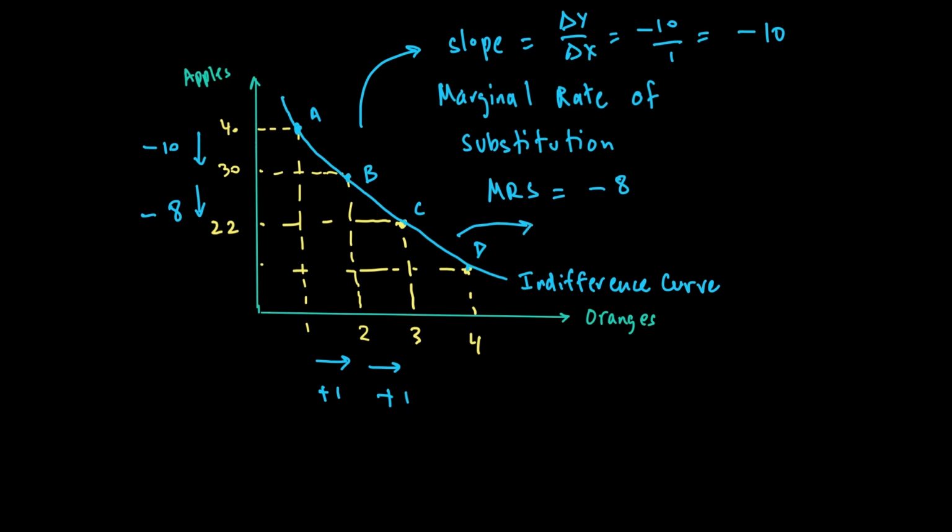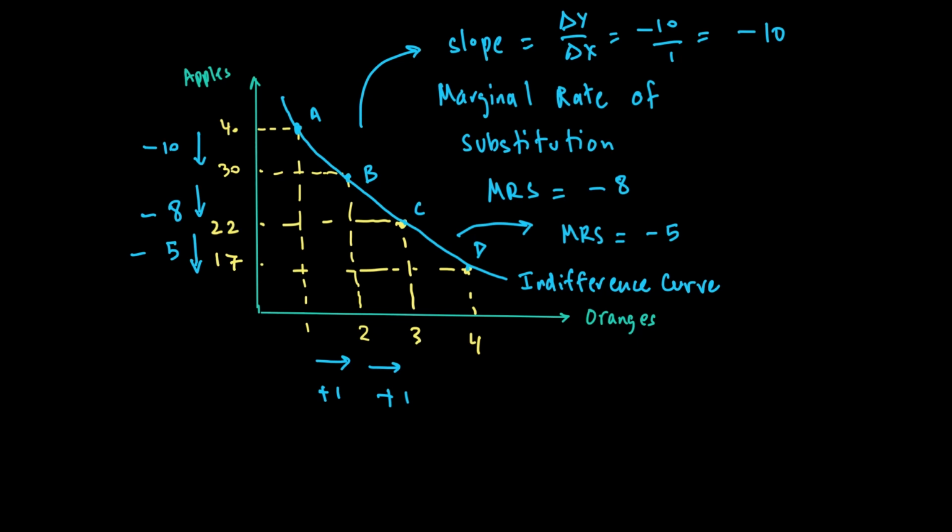And similarly here, when I go from C to D, the value is going from 22 to 17, which means it's a minus 5, and therefore my marginal rate of substitution now will be minus 5. Now, minus basically means that the graph is downward sloping, which simply means that more of oranges are needed to compensate for the loss of apples.